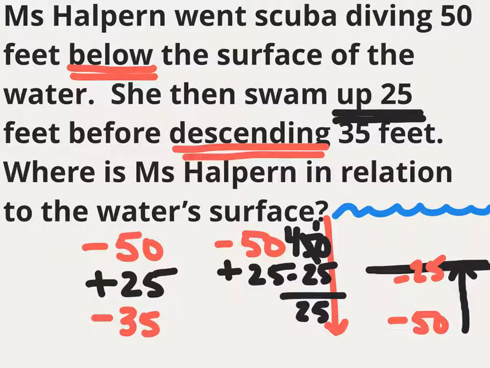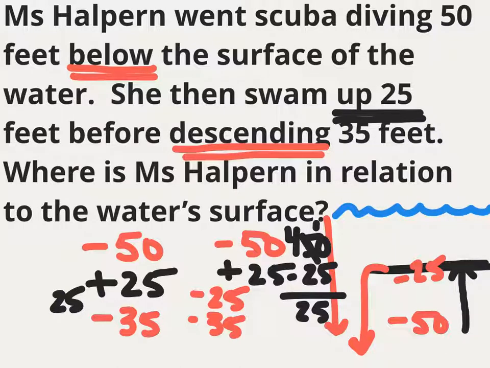She then descended 35 feet. She went back down 35 feet. So if she started at negative 25 and she went down another 35 feet, when I combine integers of the same sign, I add their absolute values. The absolute value of negative 25 is 25. The absolute value of negative 35 is 35.